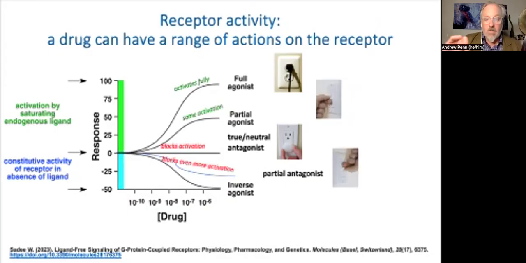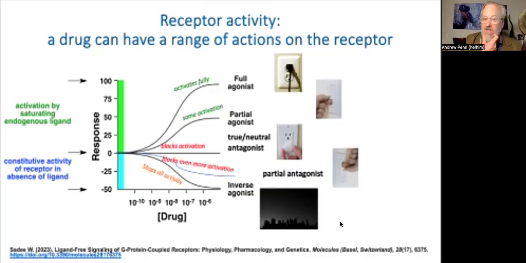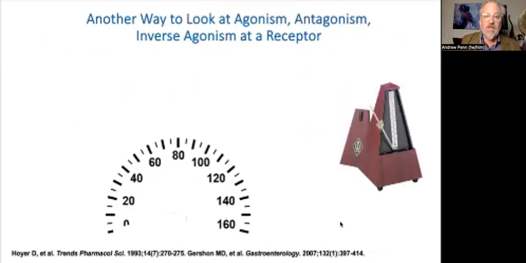You can go the other way too. You can turn the lights further down. That would be a partial antagonist. So you're blocking it not entirely, but part of the way. Or you can have an inverse agonist, which took me a long time to understand. But what inverse agonists are doing is that they are stopping all activity of that receptor. So we can think of this in a different way like this.